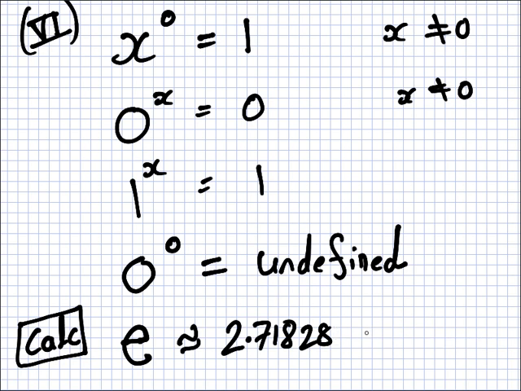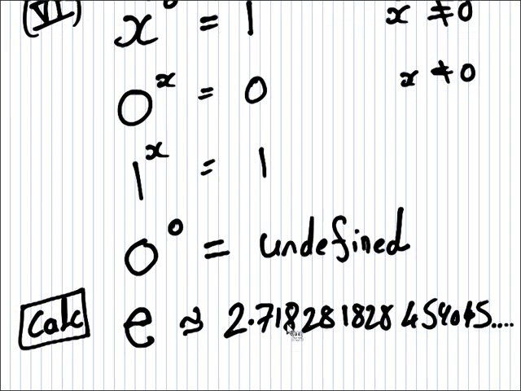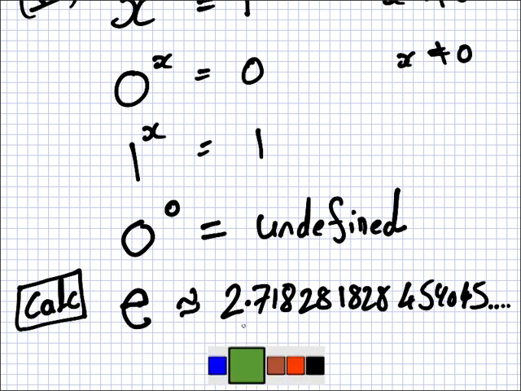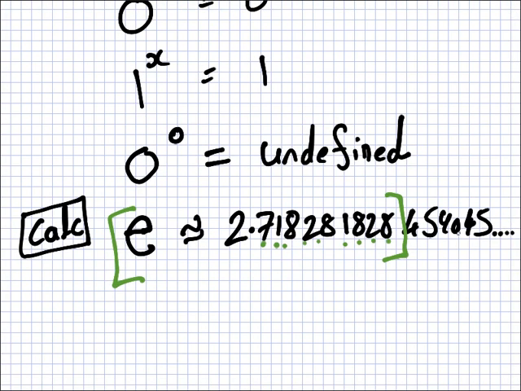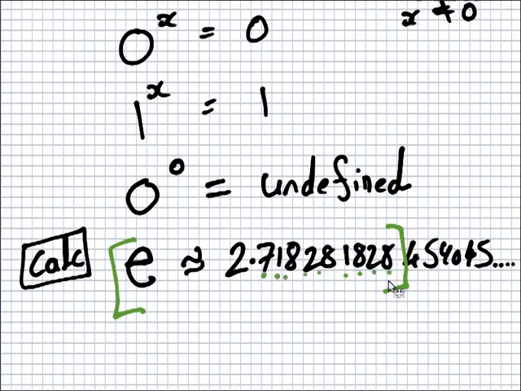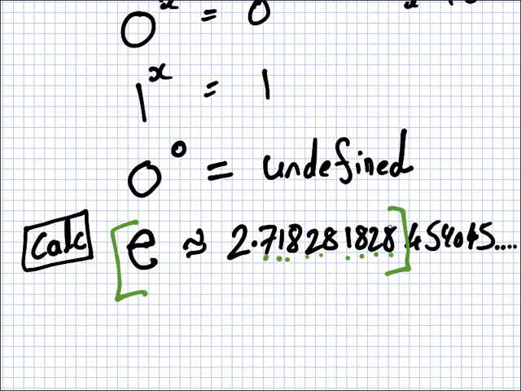It comes up in logs as well. It's just a number, it's just a constant, okay? It's a lot like pi. It just has a constant value, okay?